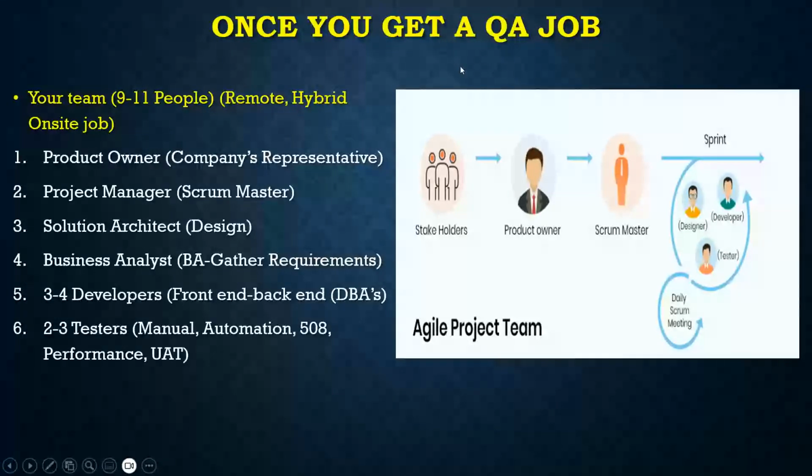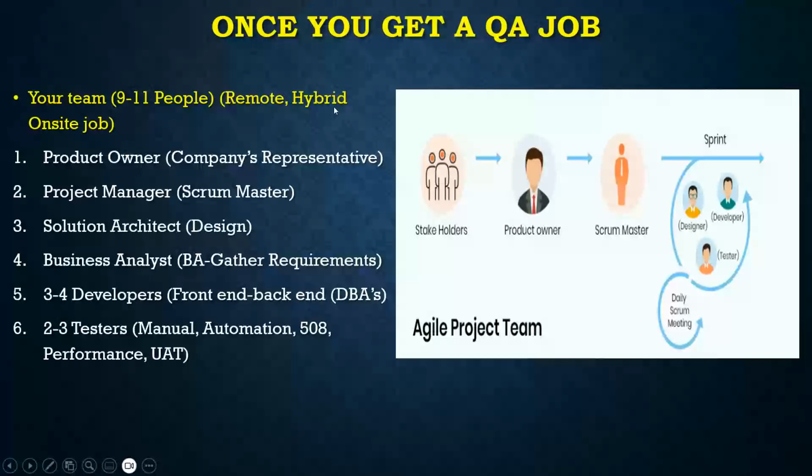Before going into the details of the software testing job, I would like to give you a high level overview. Once you get a QA job or software tester job, who will be in your team? As I mentioned in the previous slide, you would be a part of 9 to 11 people. You can work remote, 100% remote, working from home.